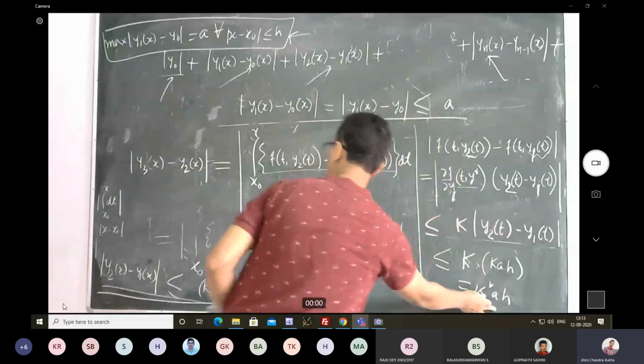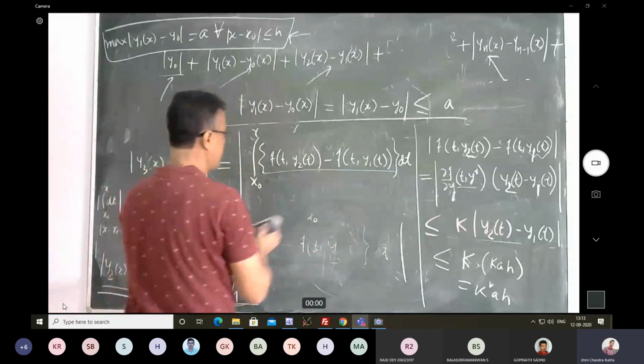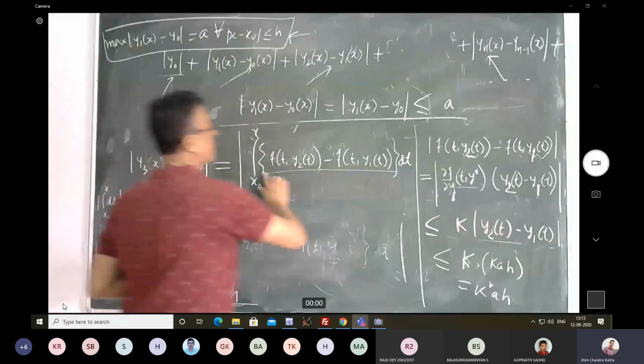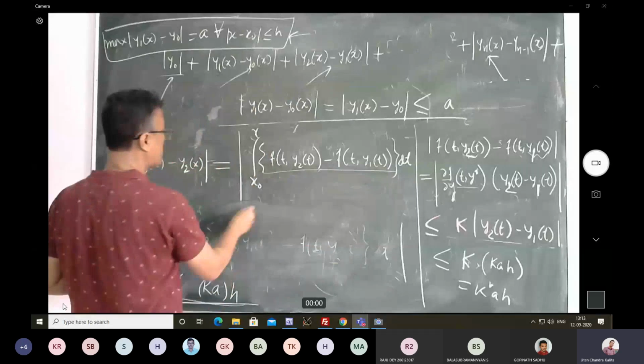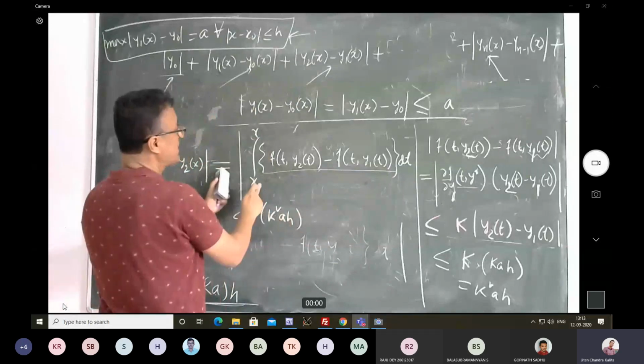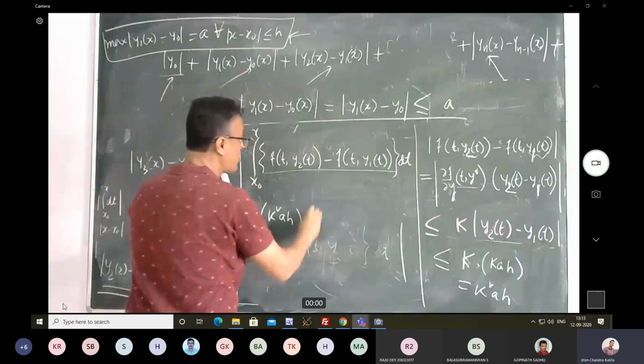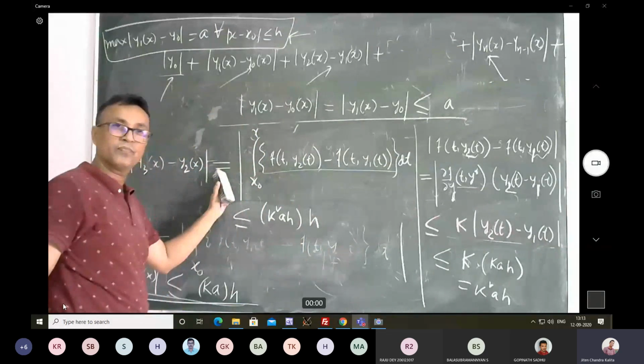Fine. So once I plug this in here, what I'm going to get eventually from this part, I'm going to have k squared ah, and from the remaining part, the integral of dt from x naught to x, I'm simply going to have h.